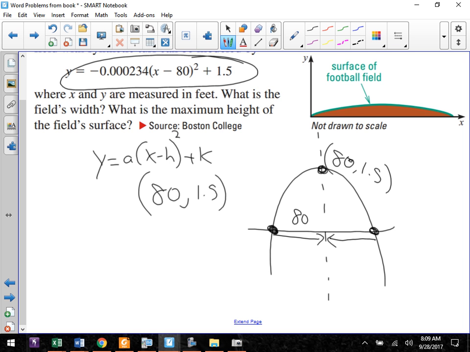And how far is it from 80 to the other endpoint? An 80. Which means how wide is the field? The field is 160 feet across, because if 80 is halfway, wouldn't you just have to go another 80 feet to be at the end?